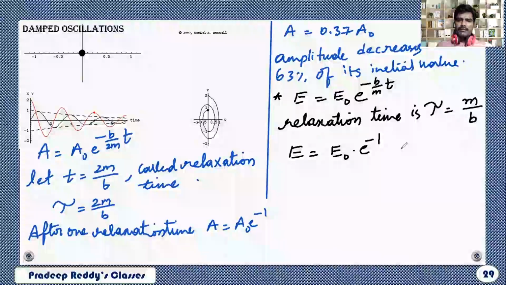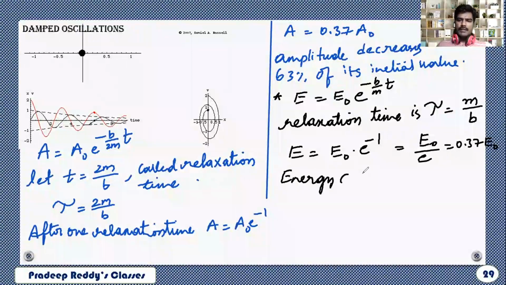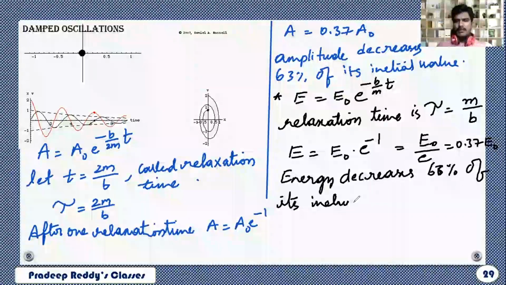E power minus 1 will be E naught divided by e. This is 0.37 times E naught. That means energy decreases by 63% of its initial value.